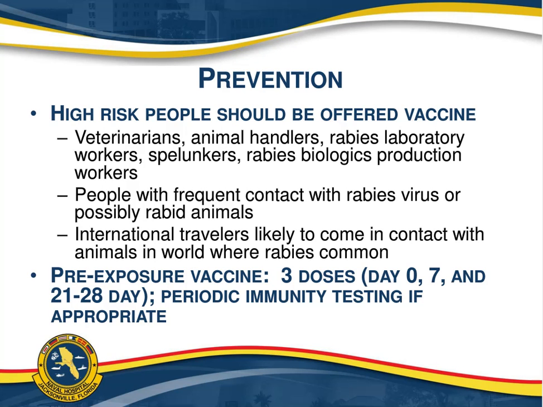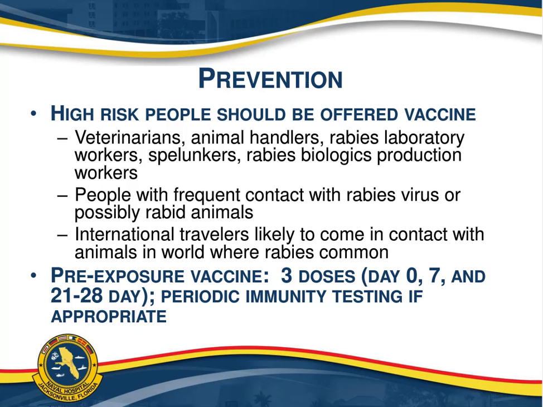So veterinarians, animal handlers, rabies laboratory workers, spelunkers, people who play in caves, rabies biologic production workers, people with frequent contact with rabies virus, so maybe like researchers who deal with this. International travelers likely to come in contact with animals.